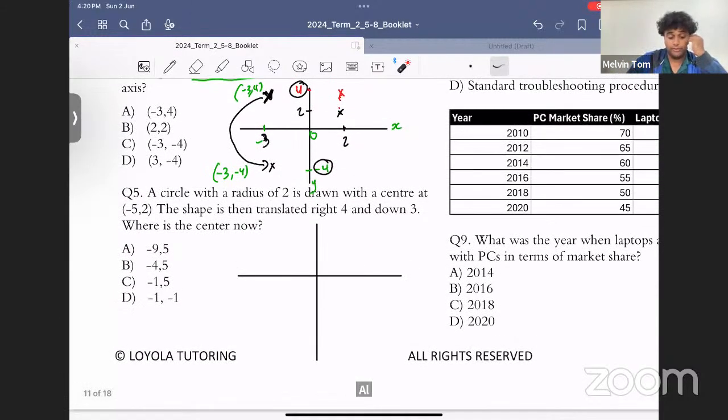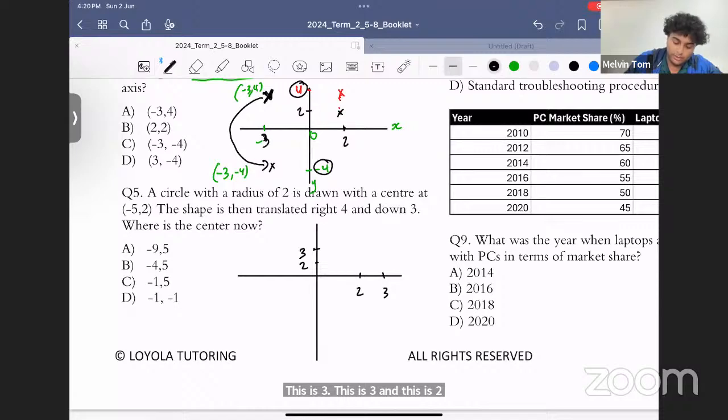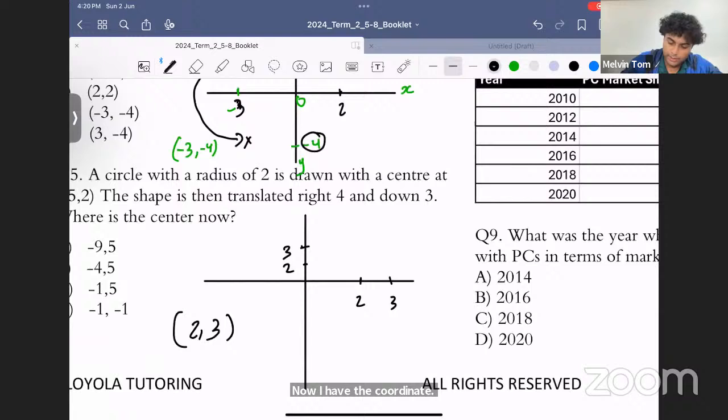So question number 5. Before I go on to question number 5, I just want to quickly explain how to read coordinates. So here's the question. This is 2, this is 3, this is 3, and this is 2. Now I have the coordinate 2, 3. I want to show you guys two things.